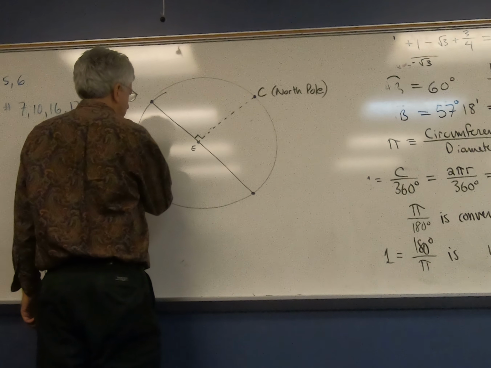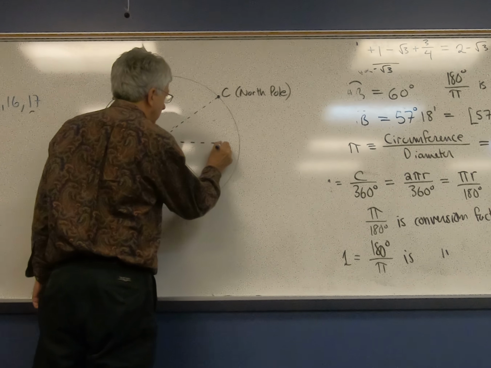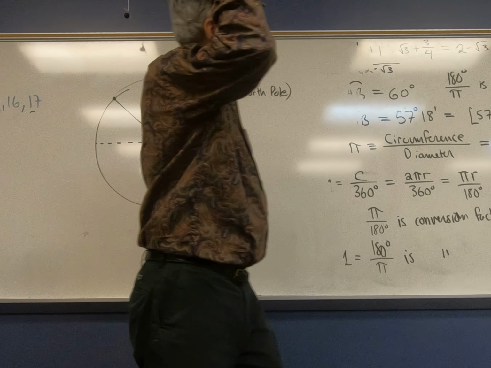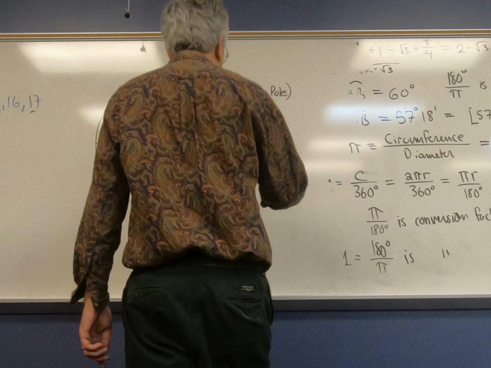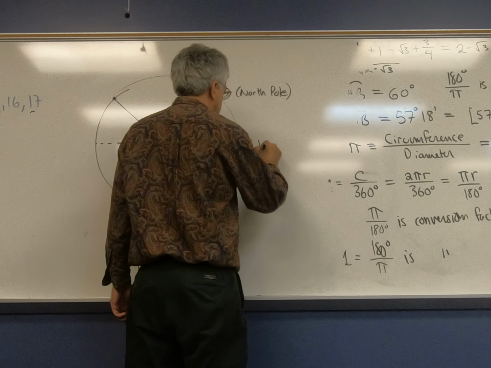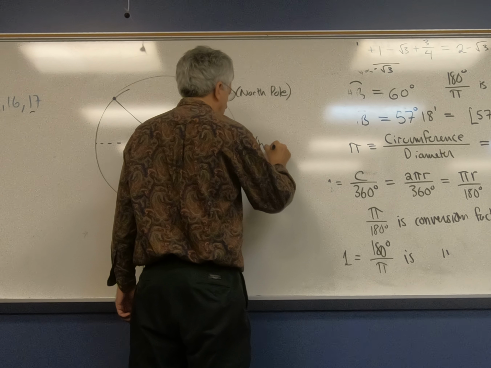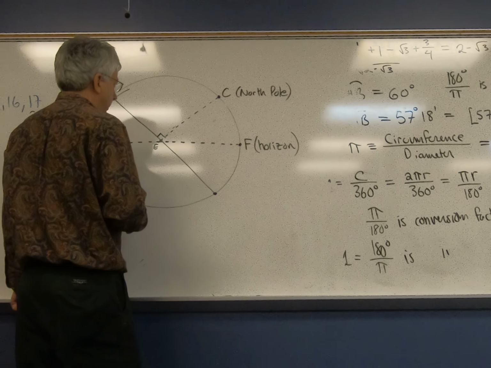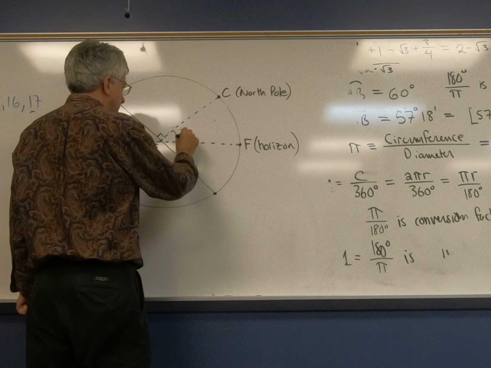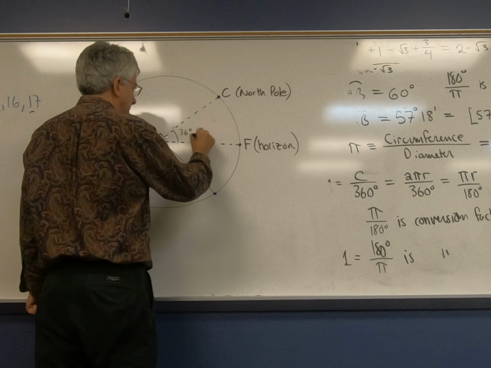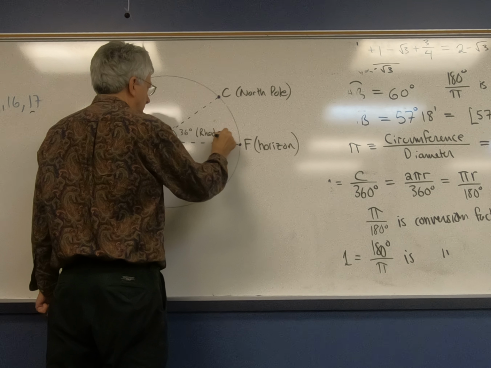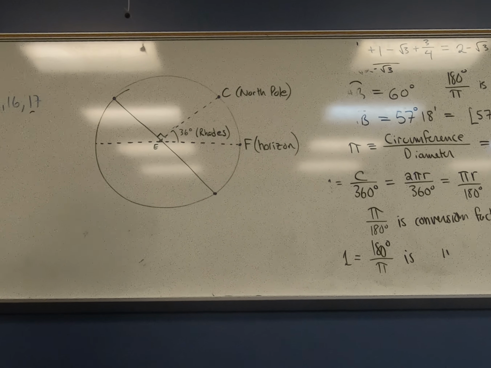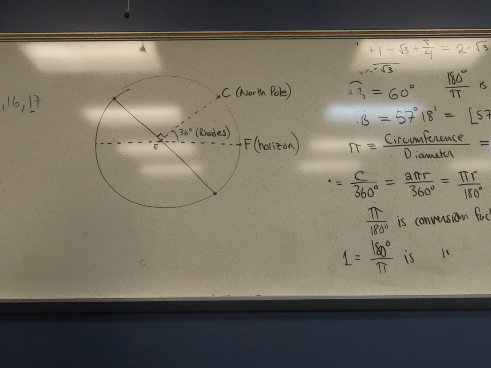So suppose you're at Rhodes, then this is the horizon line. Do we have a label for that? We don't, so let's use the letter F, that's free. So this is the horizon. Okay, so this angle here would be 36 degrees if you're at Rhodes. The angle from the horizon to the North Pole is an indication of your latitude.